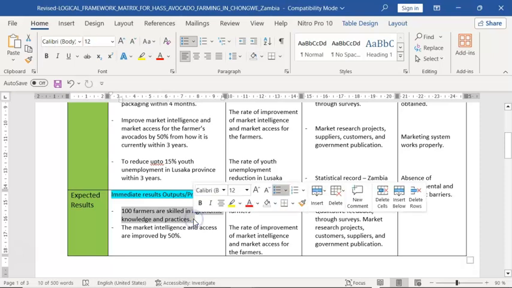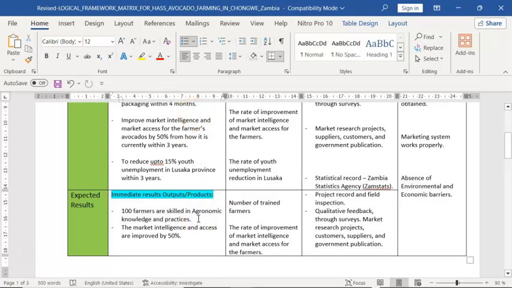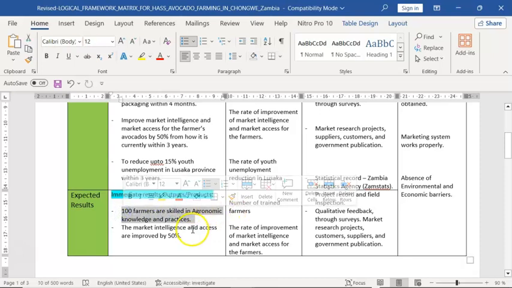The 100 farmers, which 4 months ago was a plan, what you targeted, but now you project yourself after 4 months and you have this situation whereby the 100 farmers are skilled already. Now it's to understand that the expected result is a way of seeing it achieved already.